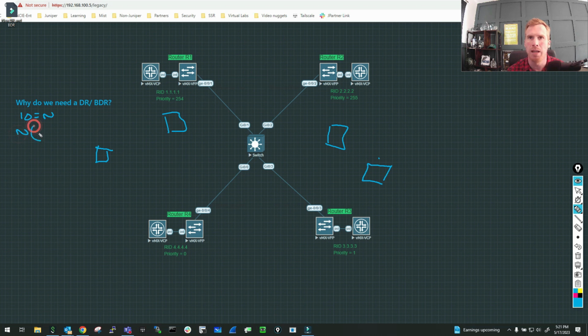So if we do n times (n minus 1) divided by 2, this is then 10 times (10 minus 1) divided by 2, so we then have 10 times 9 divided by 2, and obviously right at the end we'll come out with 45. So what that means in English is that for 10 routers in a single OSPF routing domain, they would have to build 45 hopefully fully connected adjacencies to one another.